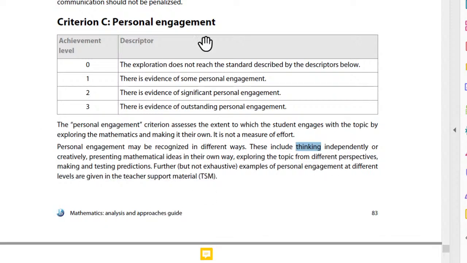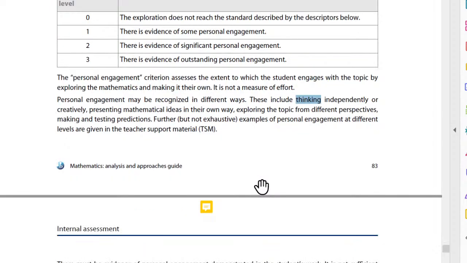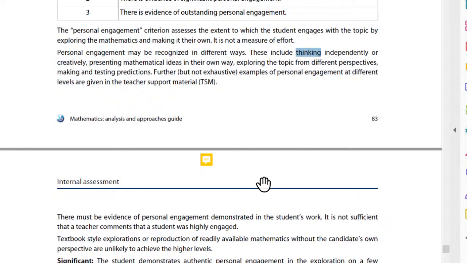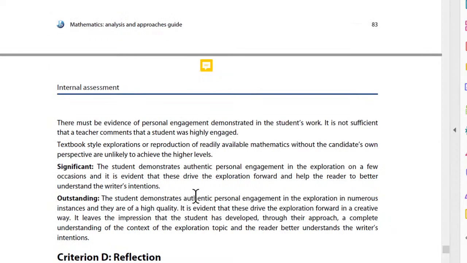20 over 20, but 7 out of 8. And with this it should be at 10 or 11. It should be a level 3. This is strong evidence. Say outstanding. I think personal engagement and exploration are high in numerous instances.